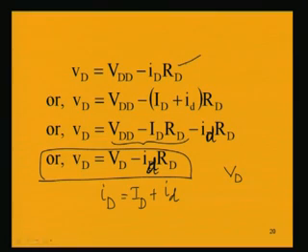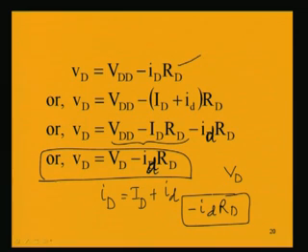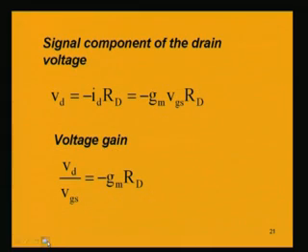This part, small i d into R d with a minus sign, is the AC part, but the other part is the DC part. Now, we are concerned about the AC part only, because we are discussing an amplifier, which amplifies a weak signal that is an AC signal. So, at the output also we will be concerned about the amplified AC signal.